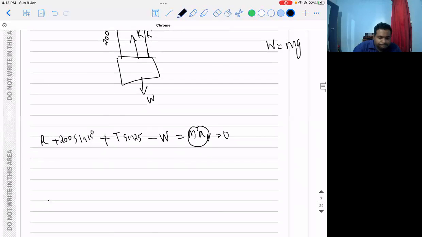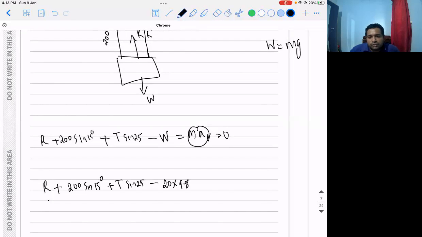R is unknown. Unfortunately, we don't know the value of R. And 200 sine 15, I mean, plus T sine 25 minus, this is mass times acceleration due to gravity. Mass is 20 and g is 9.8, and that is equal to 0.